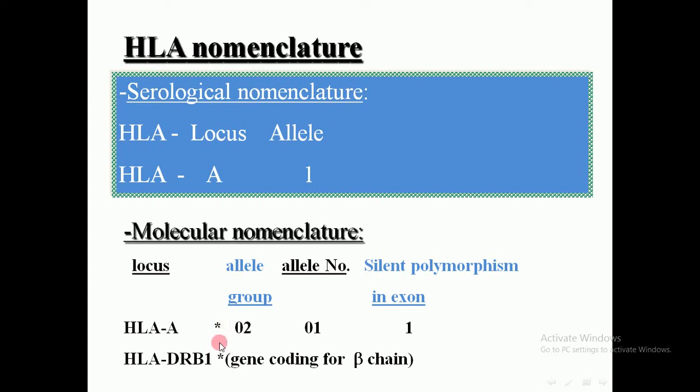Once we see a star, we can understand that this HLA typing was done by a molecular method, and here the allele group, which is similar to the serological method, and here the allele number, and here the silent polymorphism in exon, and also give it a number. And this is the gene coding for the beta chain. This is for beta chain. When there is A, it is for the alpha chain.